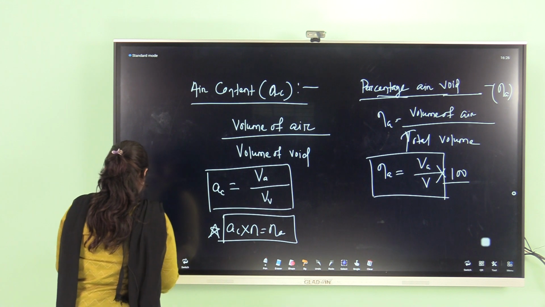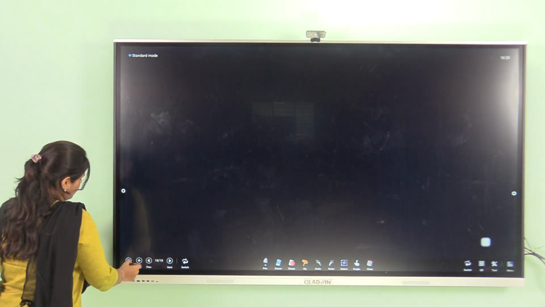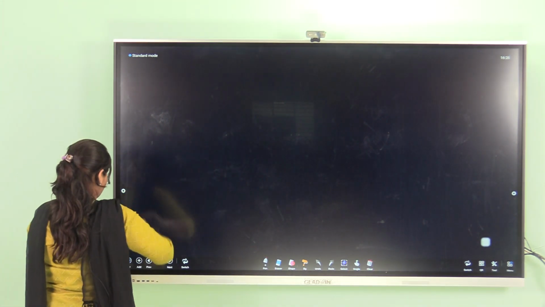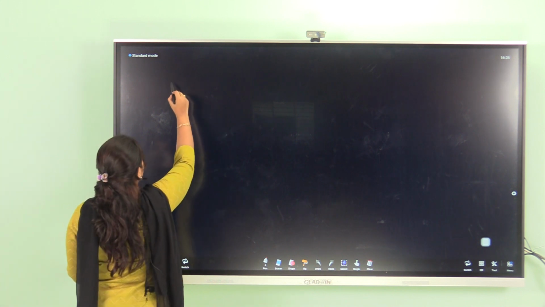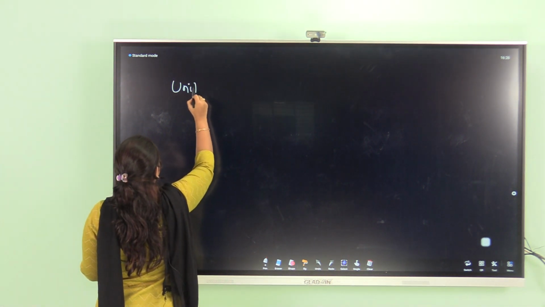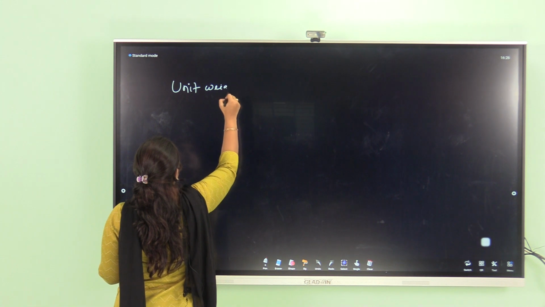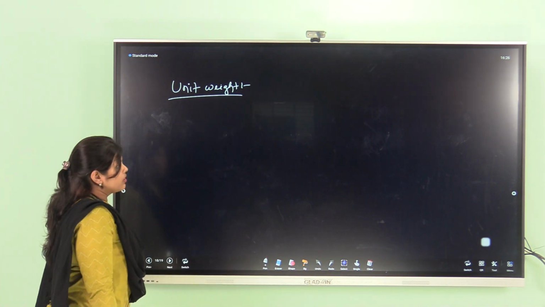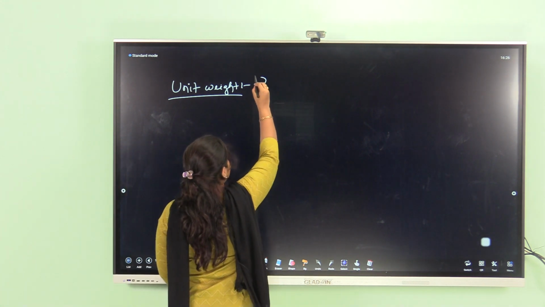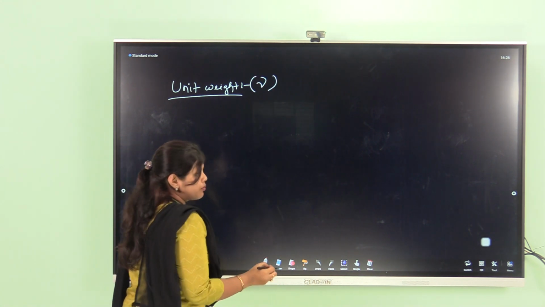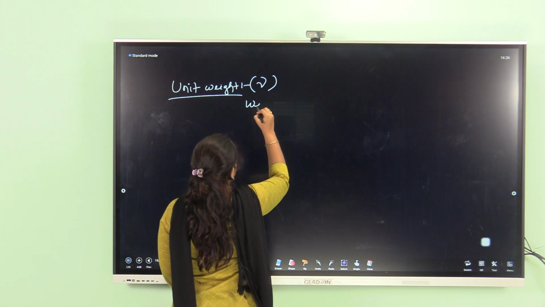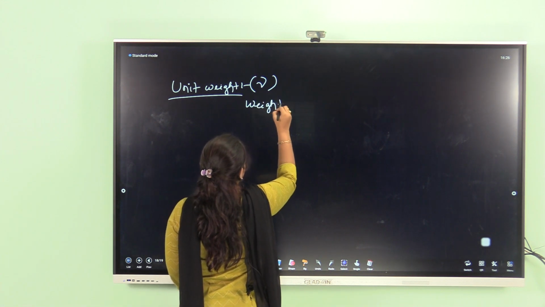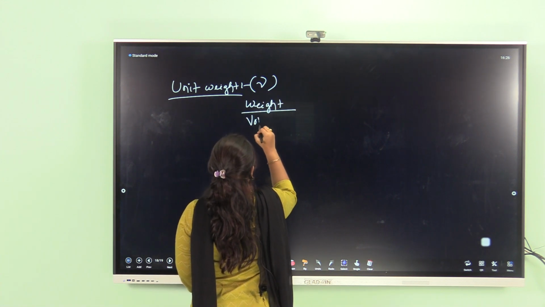Now, unit weight. The formula for unit weight, first symbol is what? Gamma. Formula is weight by volume.